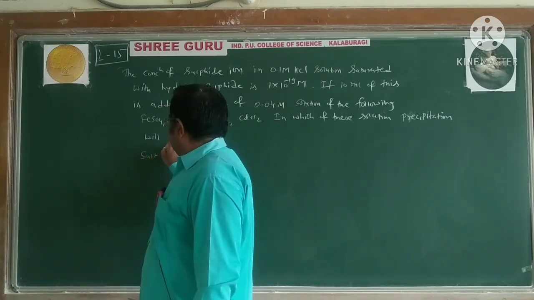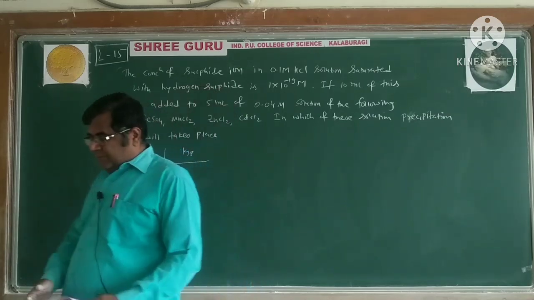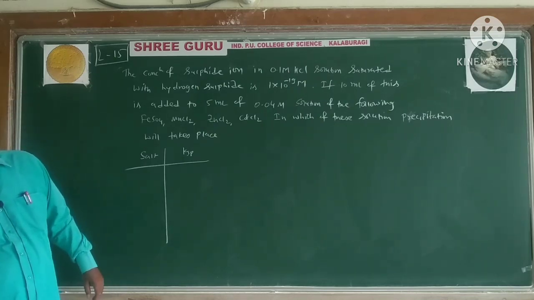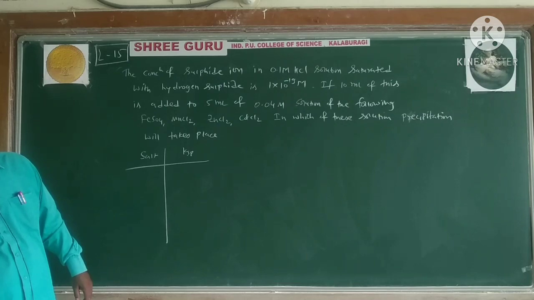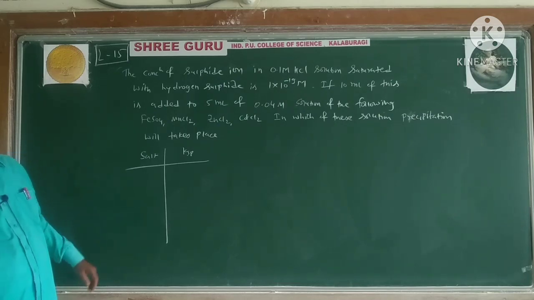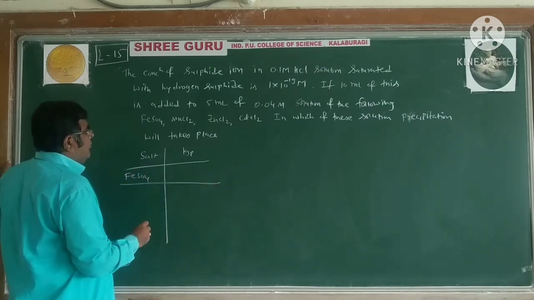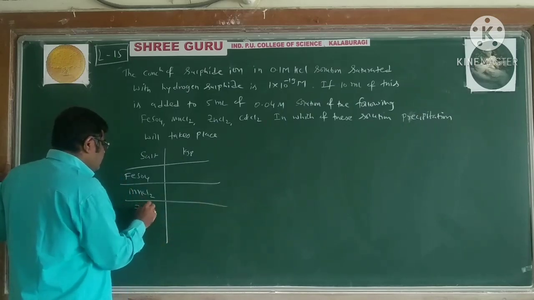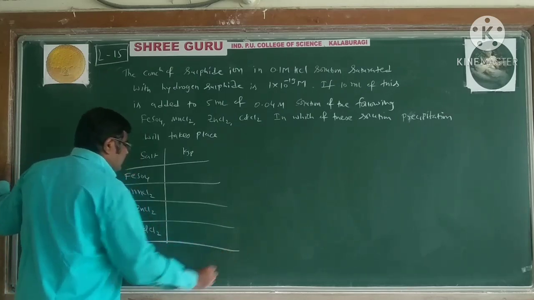They have given a table here, salt and KSP values. Salt is, we have FeS, FeSO4, MnCl2, zinc chloride, and cadmium chloride.